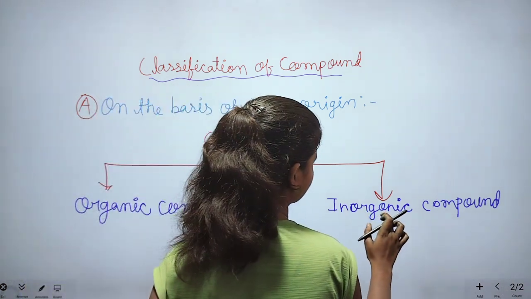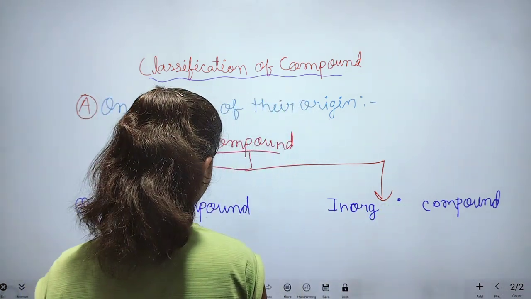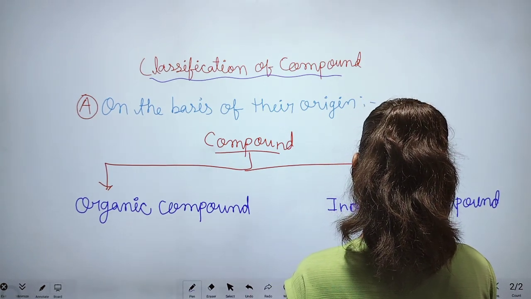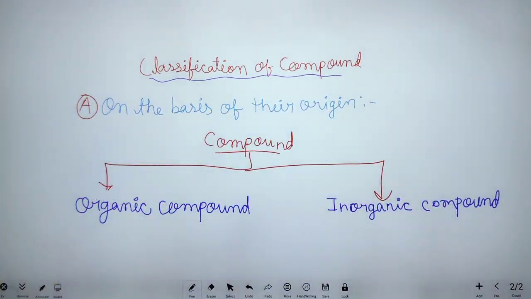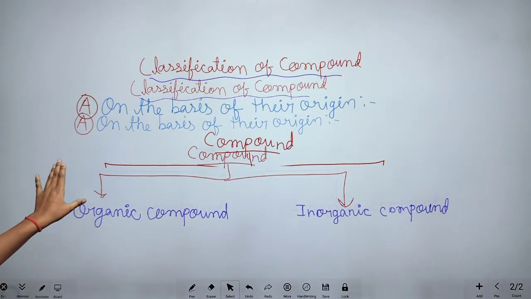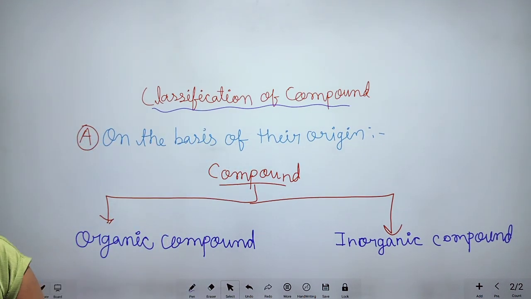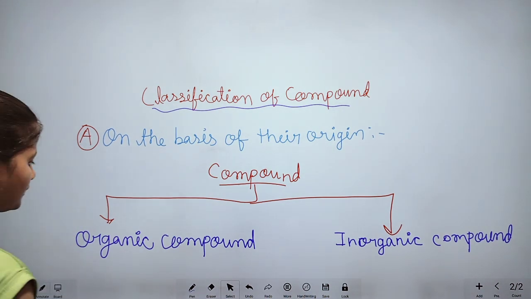This one is the classification of compounds. First, A1 is on the basis of their origin. There are two types of compounds. First one is organic and second one is inorganic compound.